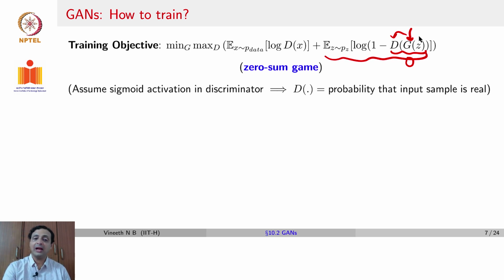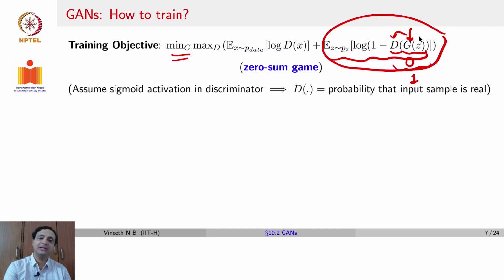But on the other hand, the generator's job is to ensure that this last quantity goes to 1, which would minimize this entire quantity, and that's why you minimize over G and maximize over D. This also is intuitive because generator and discriminator are playing a cop and thief game, and each would like to outwit the other.